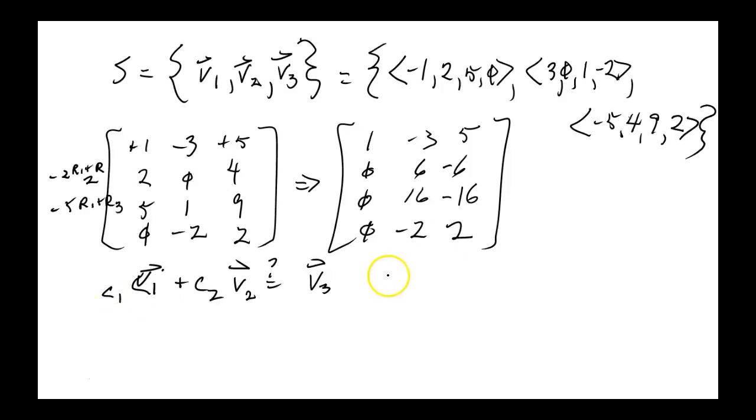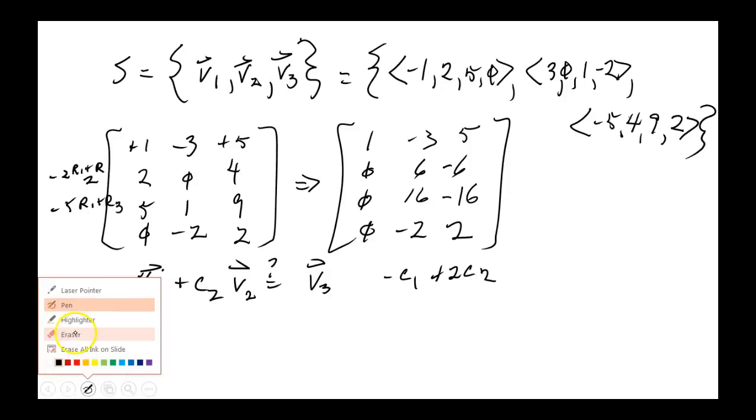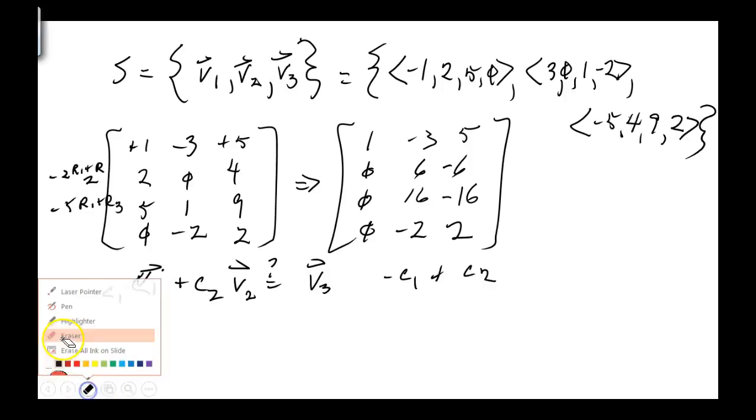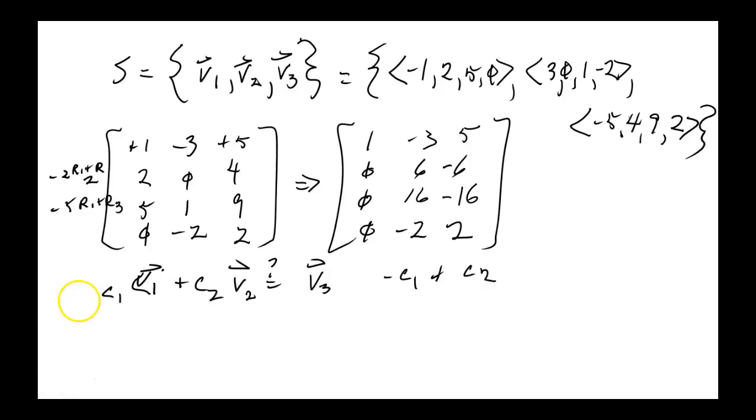That would be minus C1, that's your first one, plus 3C2. Wait, I was looking at the wrong place.